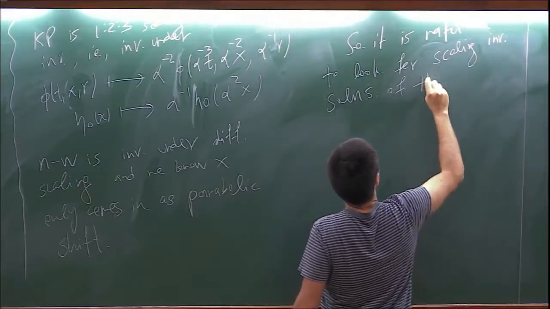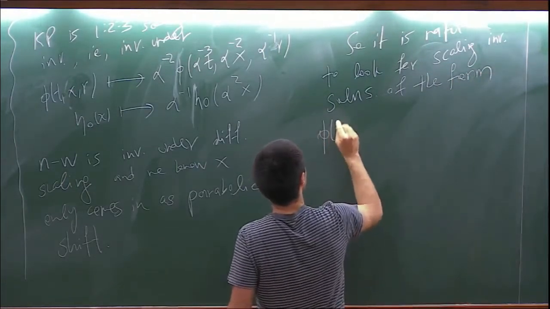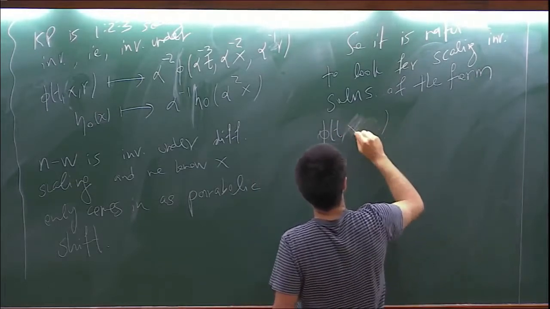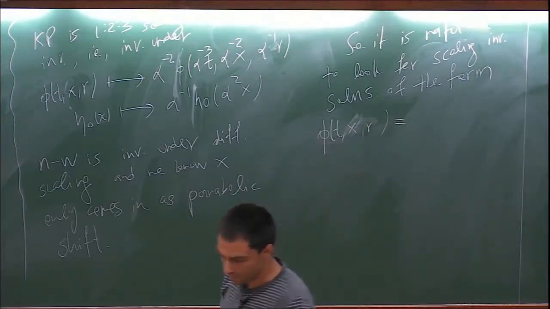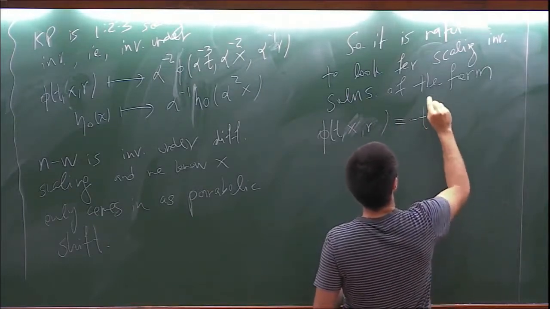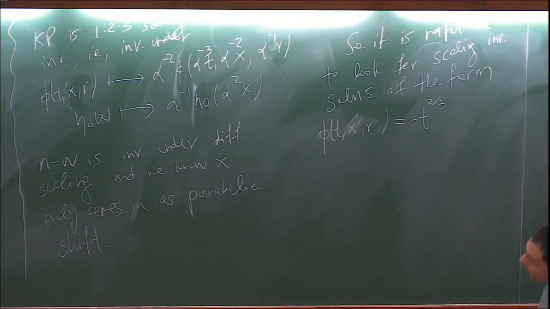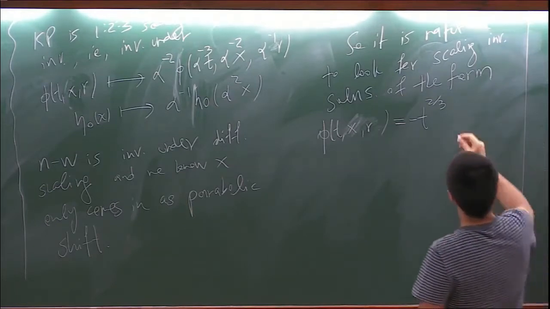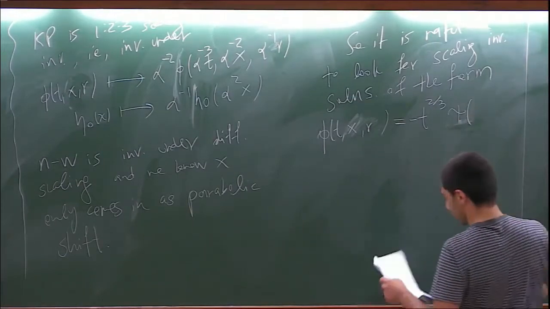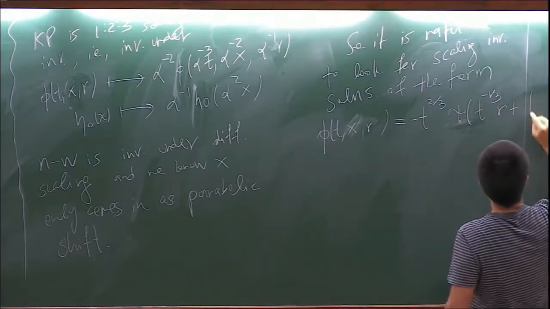Solutions of the form, so I'm going to look for a solution phi of t, r of the following form. Here you have to make some choice. I'm going to make my choice equals minus t to the 2/3. This t to the 2/3 is sort of the alpha to the minus 2, times some function psi of t to the minus 1/3 r, and I'm going to add back in the parabola.